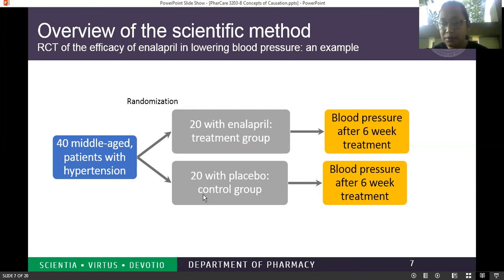Usually both arms will contain the same number of participants, but it can be that the control group or the placebo group contains more participants than the treatment group.